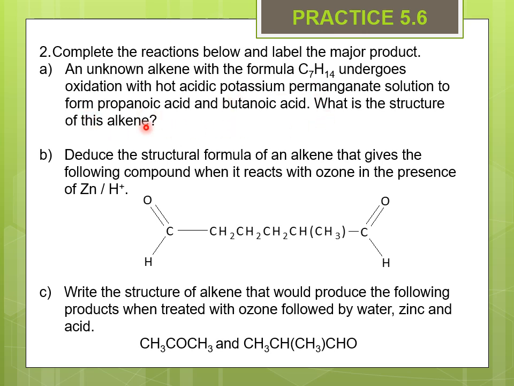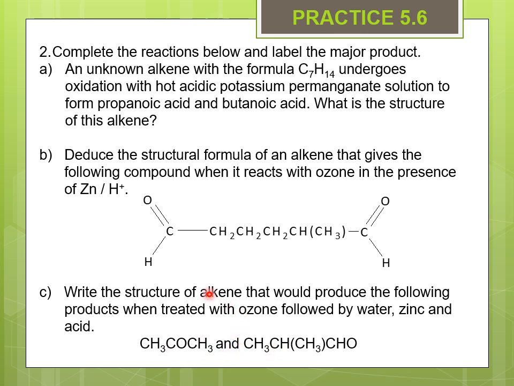What is the alkene that you're going to get from here? And then you have to deduce the structural formula of the alkene here. It comes from the ozonolysis of an alkene. So you get the alkene from this product. And finally, you're going to draw the structure of the alkene when you are given these two products.